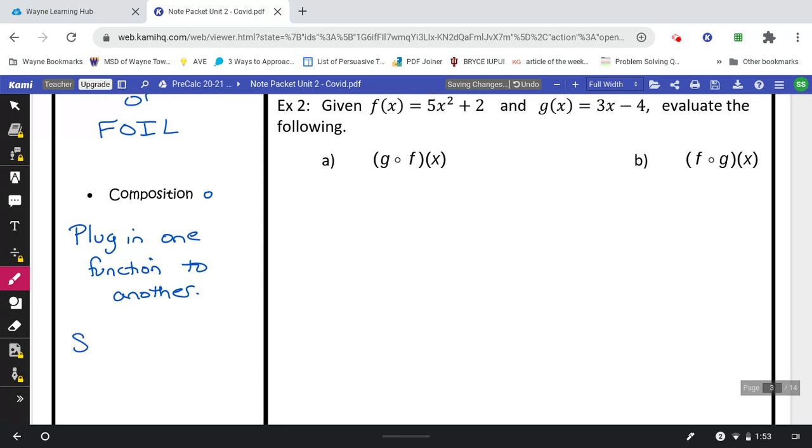Another way to say it, you substitute it in for the x. So this is similar to substitution when we did it back in substitution and elimination during algebra. You're just going to replace the x with the other function.